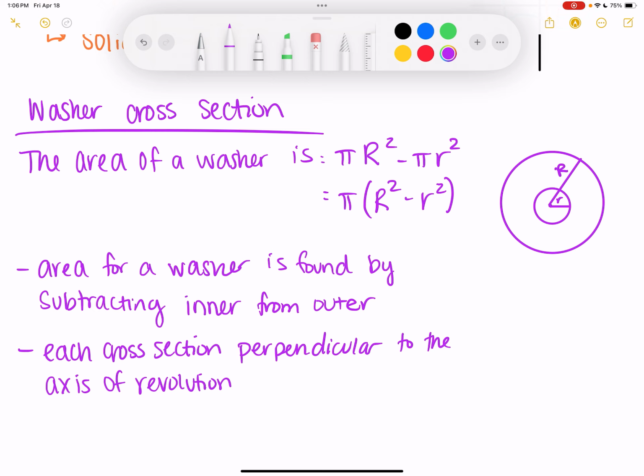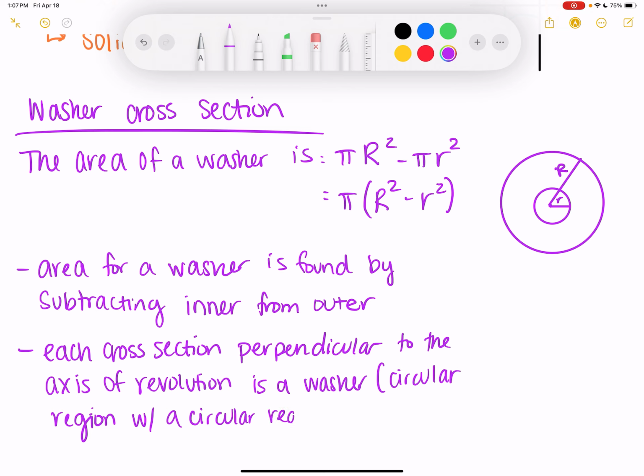It is a washer, which is a circular region with a circular region cut from its center.